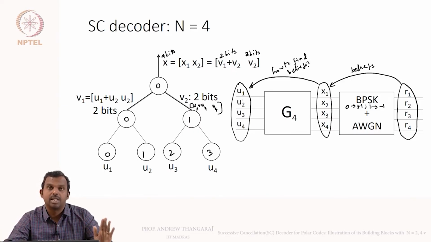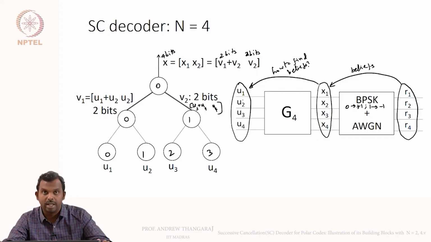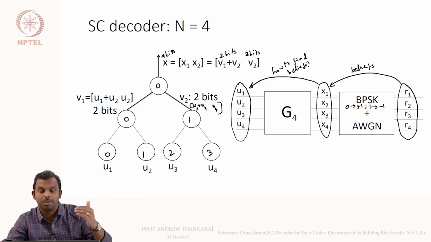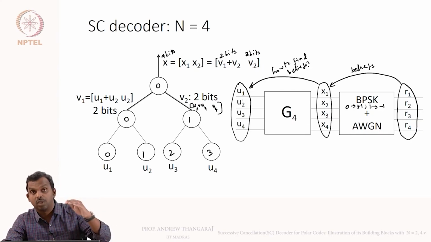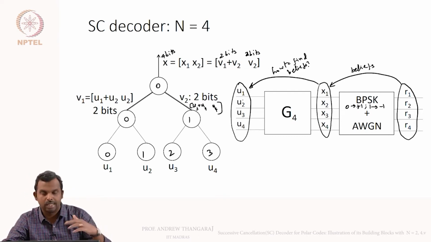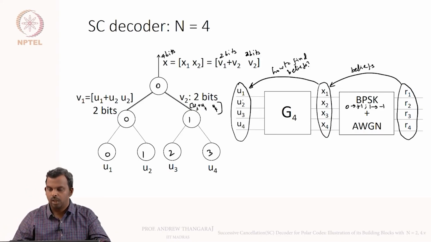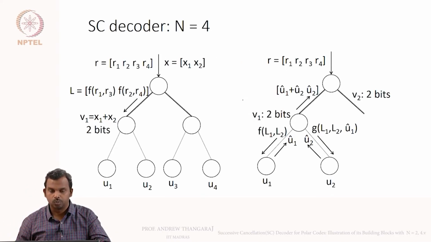That is the central question that we answer in the successive cancellation decoder, the polar decoder. We do it in a successive fashion. We first find the belief for u1, then use the decision on u1 to find the belief for u2, then use the decisions on u1, u2 to find the belief on u3, and then use the decisions on u1, u2, u3 to find the belief for u4. That's how we'll proceed, and we'll go along the tree in a certain way, just much like before, which I'll describe in the next slide. The tree plays a very crucial role.